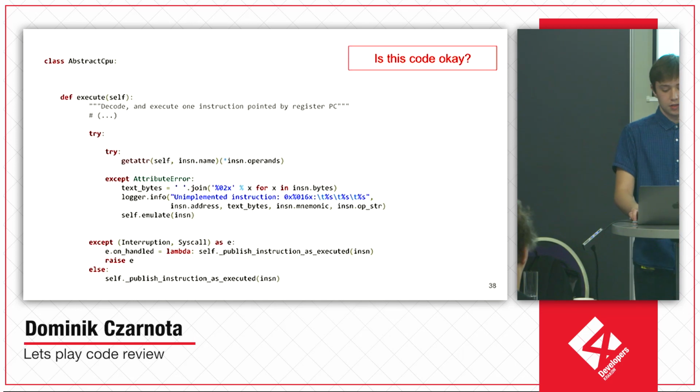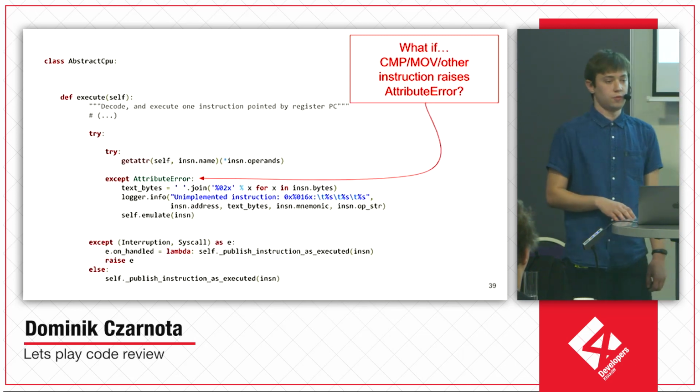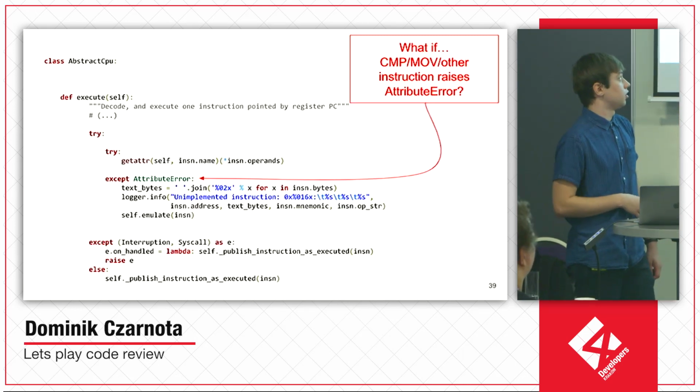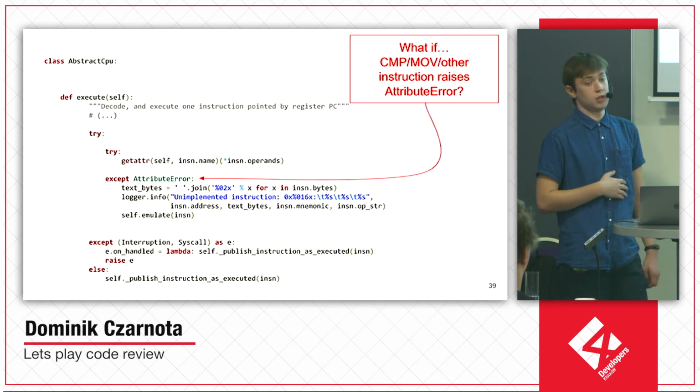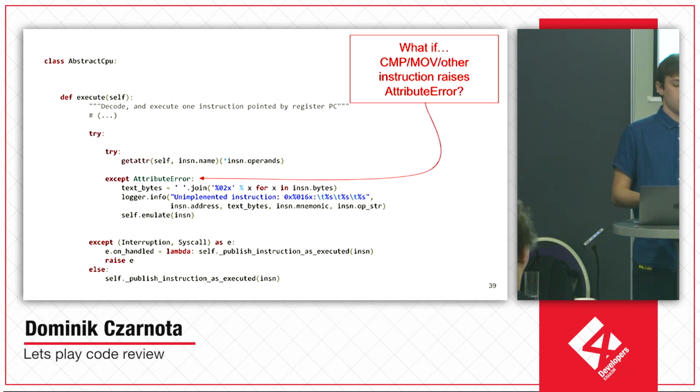But another thing is that there is a bug here, because what if the instruction itself, like CMP, MOV, or some other instruction, actually raises an attribute error? An attribute error is kind of a common thing, because you just want to get an attribute, and if you provide the wrong name of the attribute, it will raise the attribute error.